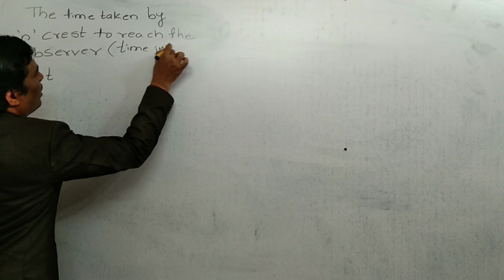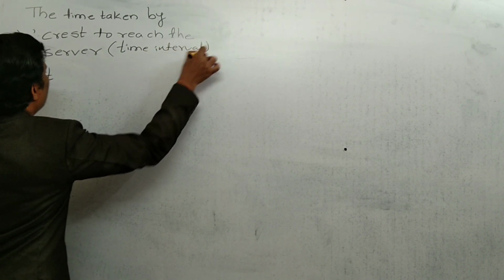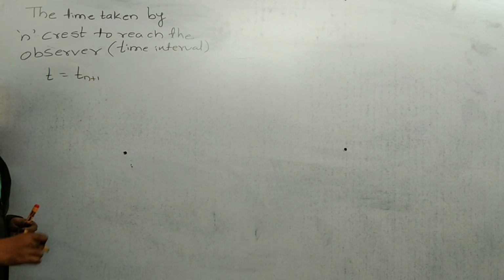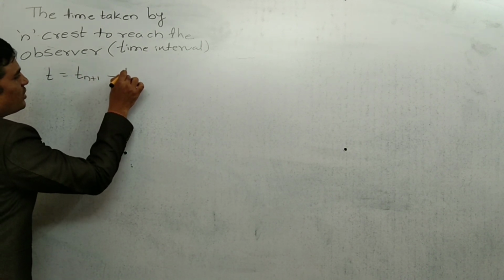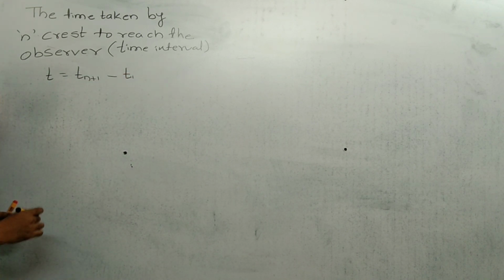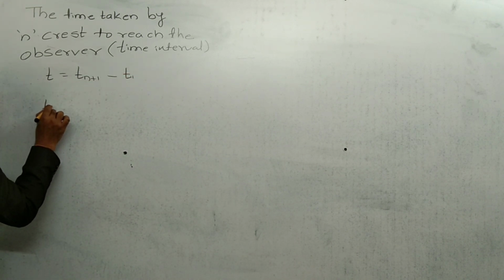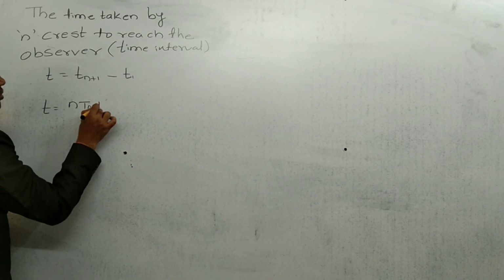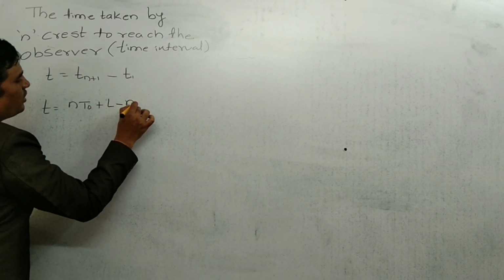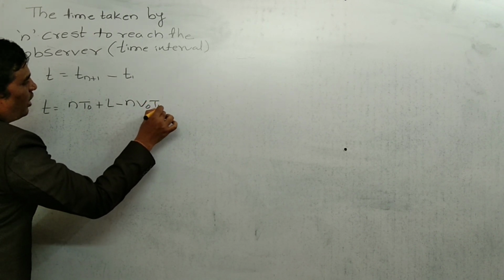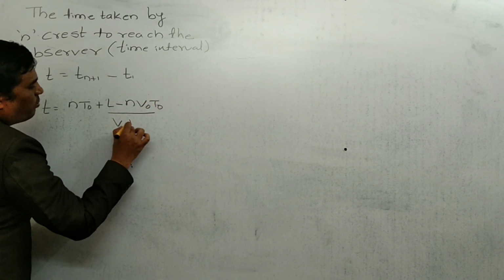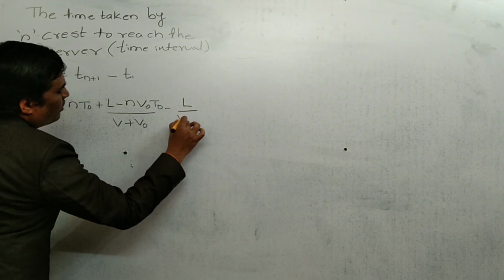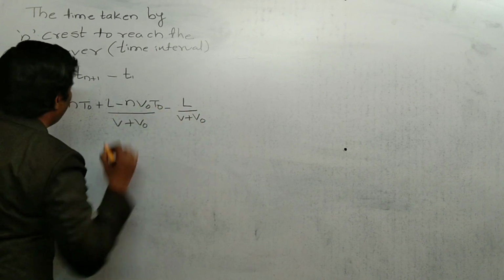Time interval T equals the time taken by the n plus 1th crest to reach the observer minus the time taken by the first crest to reach the observer. T equals T n plus 1, it is n t naught plus L minus n v naught t naught by v plus v naught, minus L by v plus v naught.